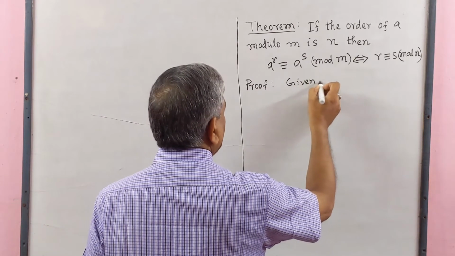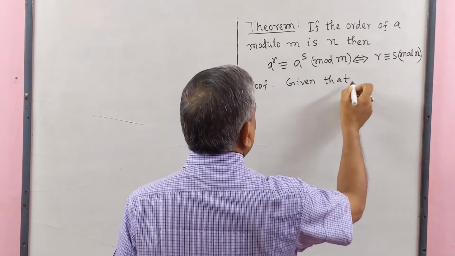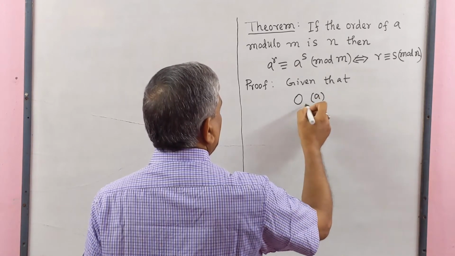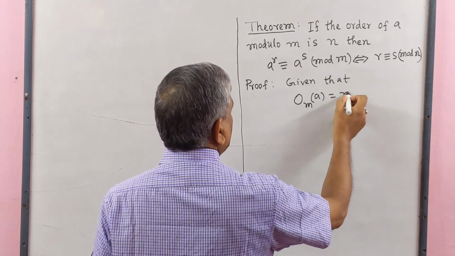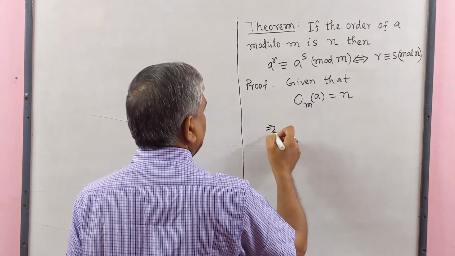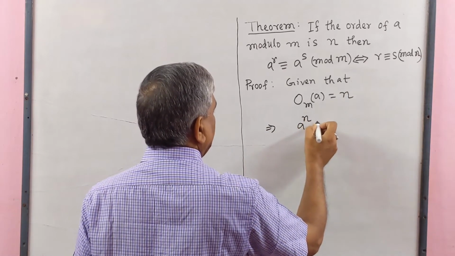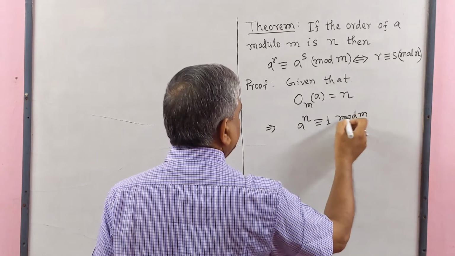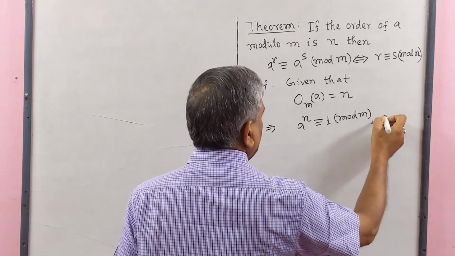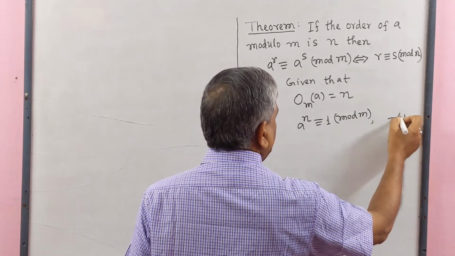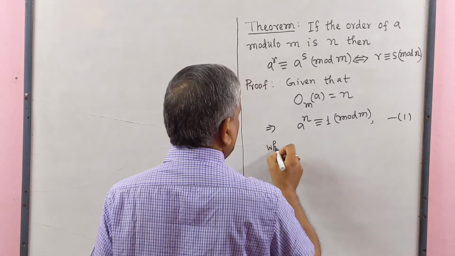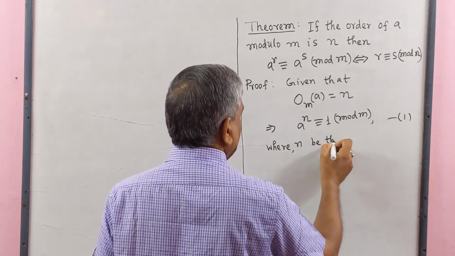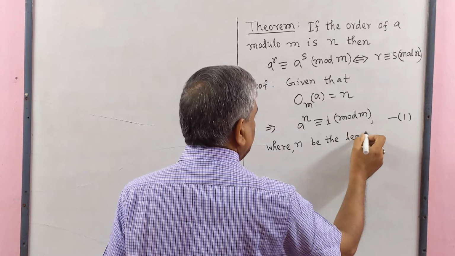Given that order of a modulo m equal to n implies that a to the power n is congruent to 1 modulo m. This is number 1, where n be the least positive integer.